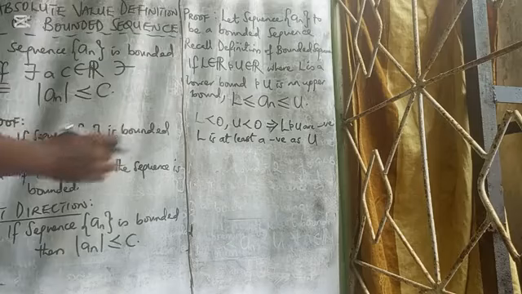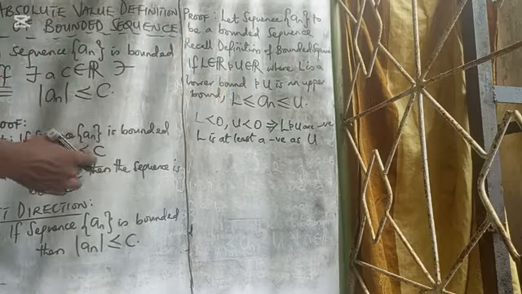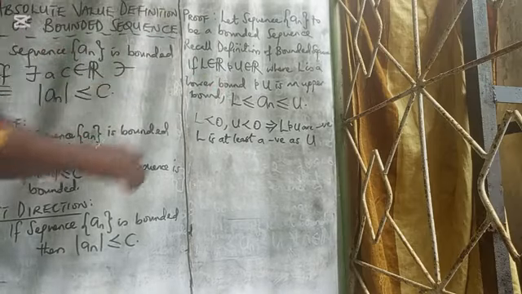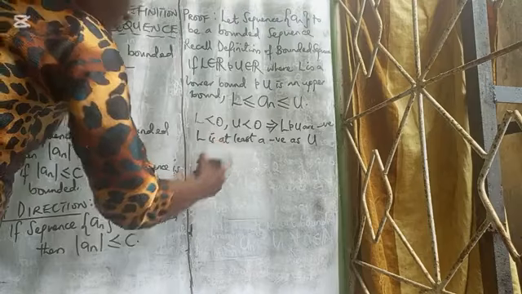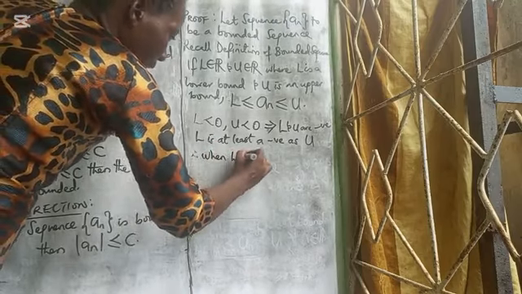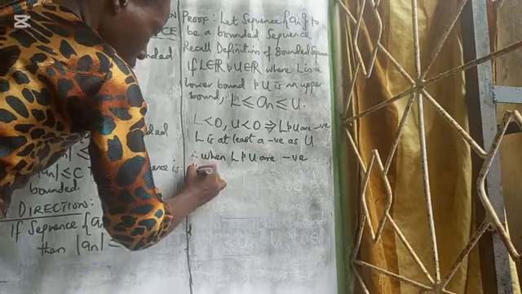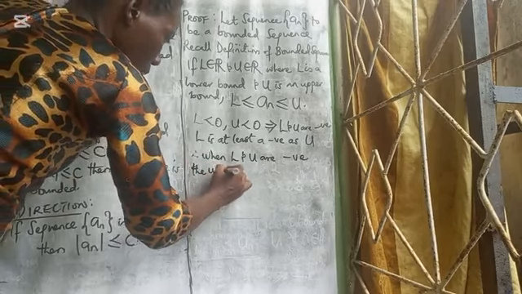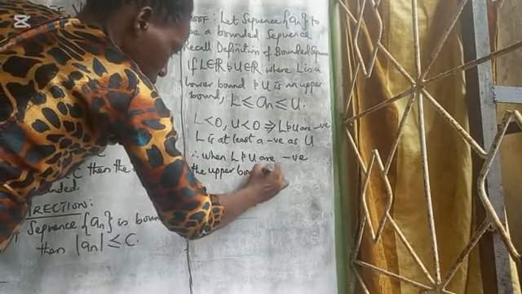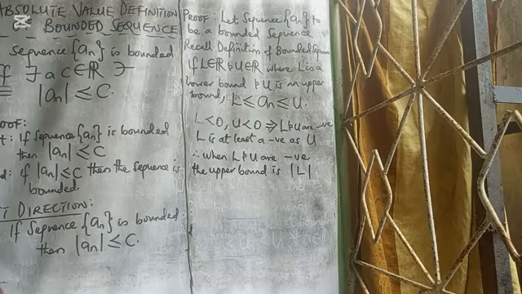When L and U are negative, the appropriate upper bound will then be what? The absolute value of L. Therefore, when L and U are negative, the upper bound is the absolute value of L.